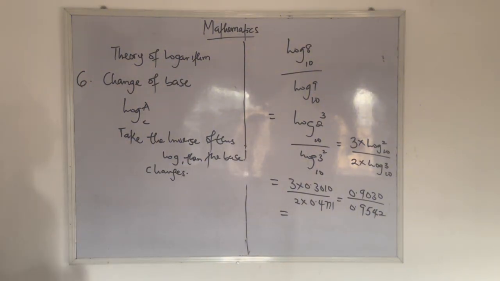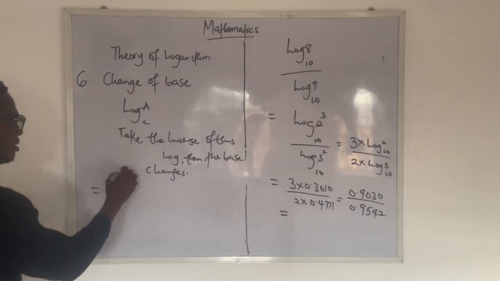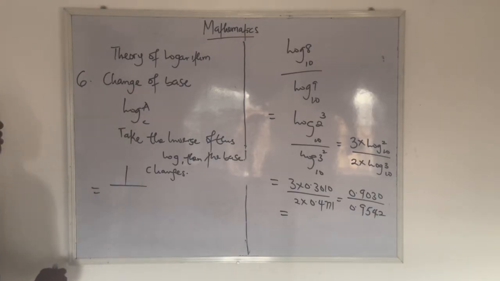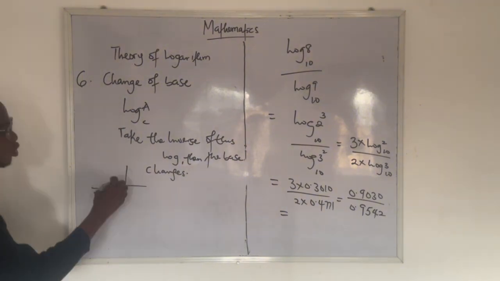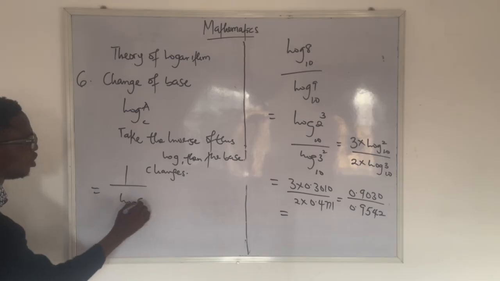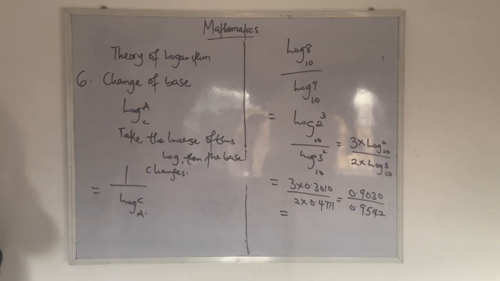Are we getting it now? Now, if I say 1 over, are we together? So 1 over, then I say log C base A.